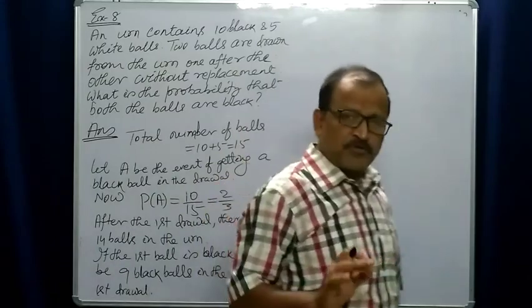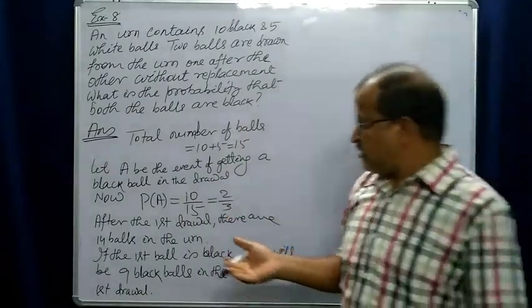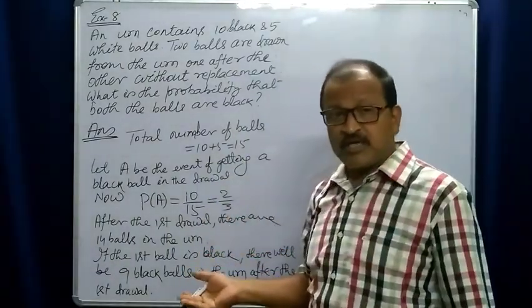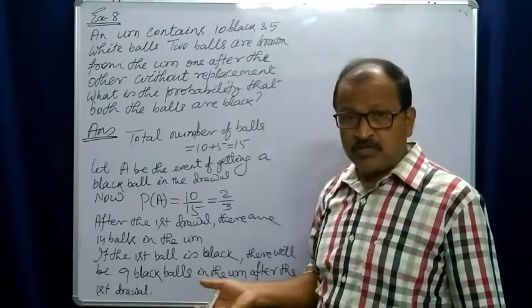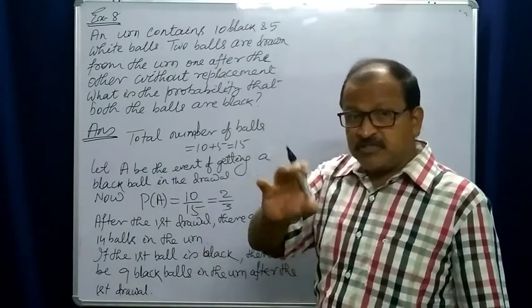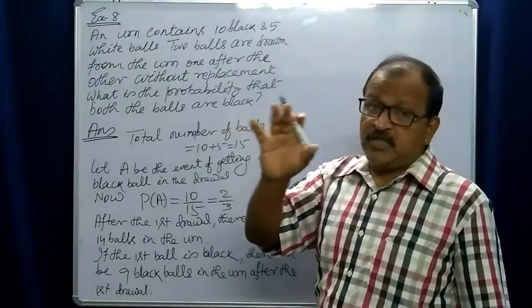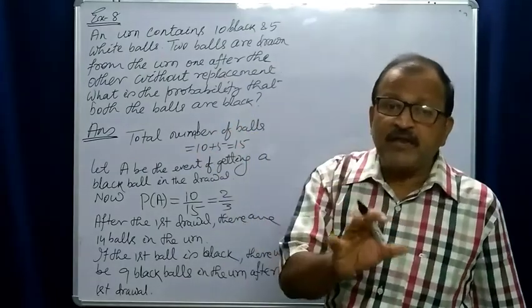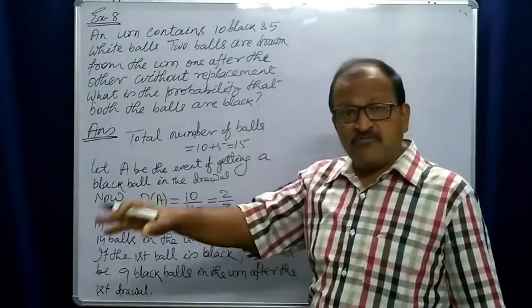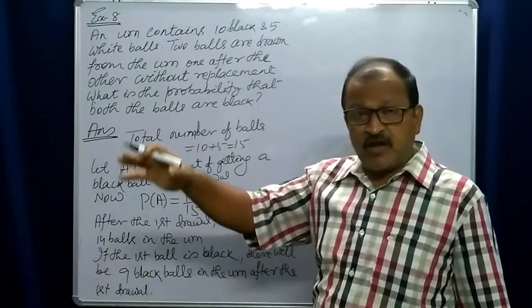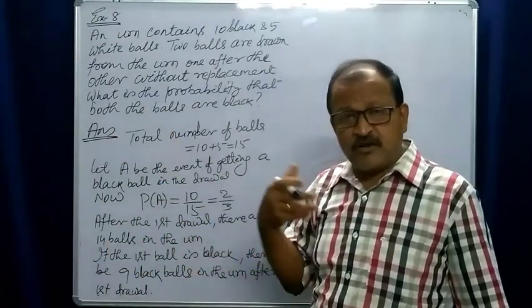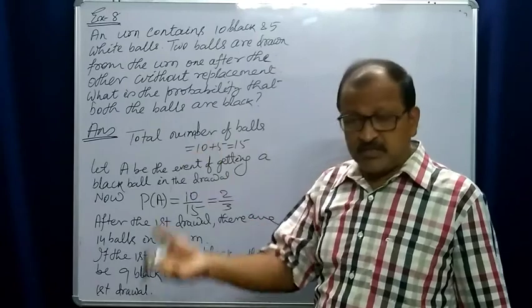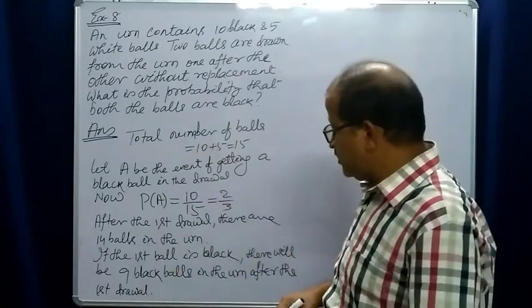Right? Then for the second draw, there are only 9 black balls in the urn out of 14, right? Out of 15, one ball is already drawn. So there are only 14 balls, right?